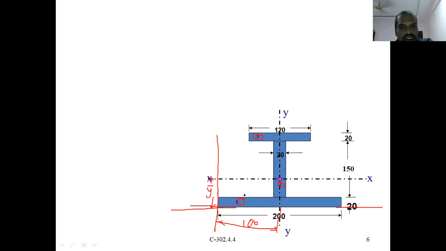The only thing is that you have to find the y bar, because it is unsymmetrical about the x axis. For that, first calculate A1, the area of section 1. First of all, how to calculate the y bar? Let us write the formula first.